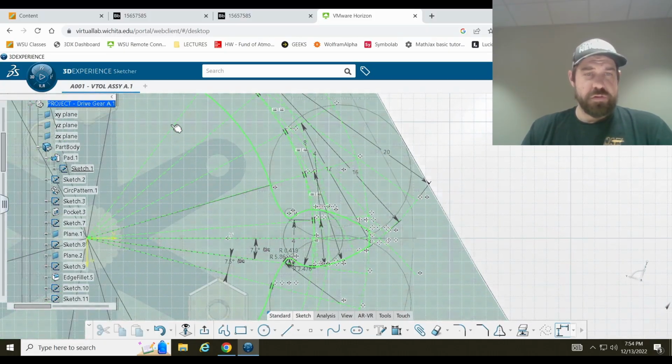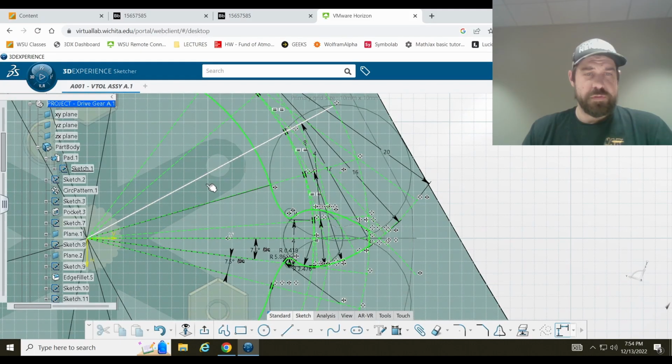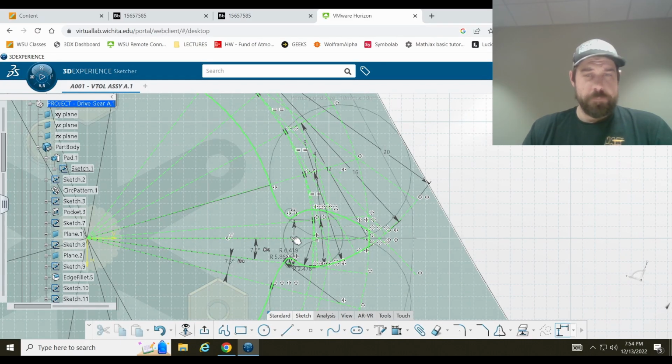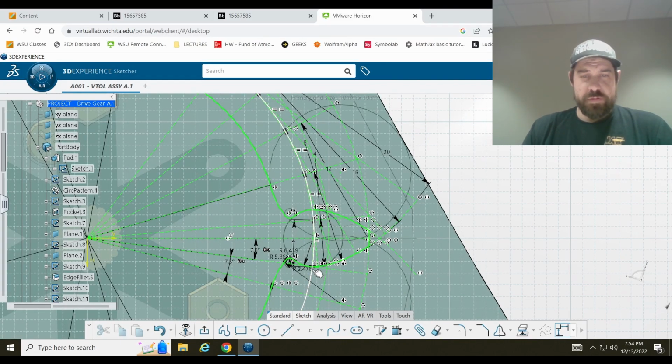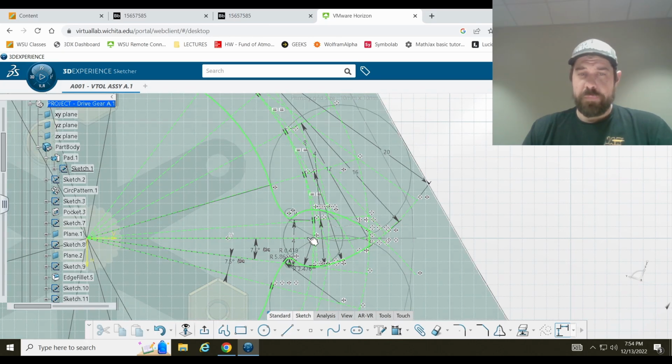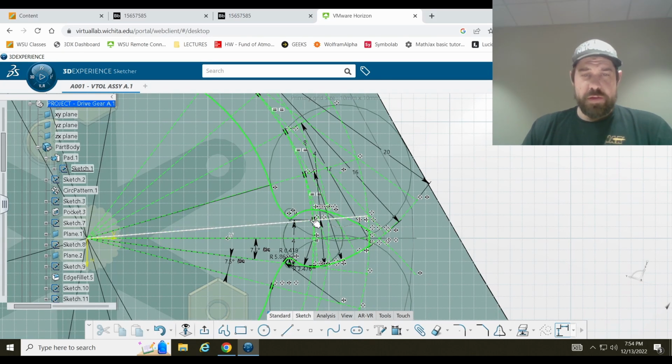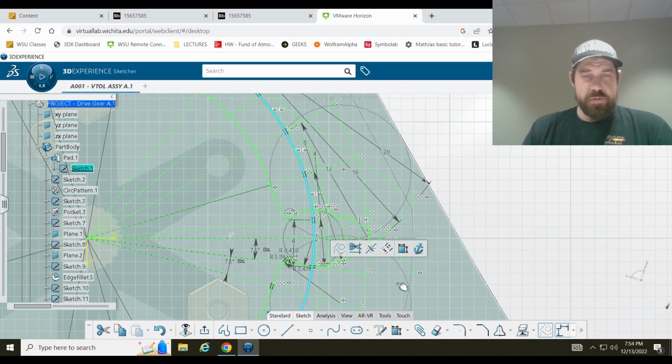All of these construction lines that you see here are equally spaced angularly so that as they intersect the pitch diameter, we create a tangent line to that circle right there, which is our pitch diameter.